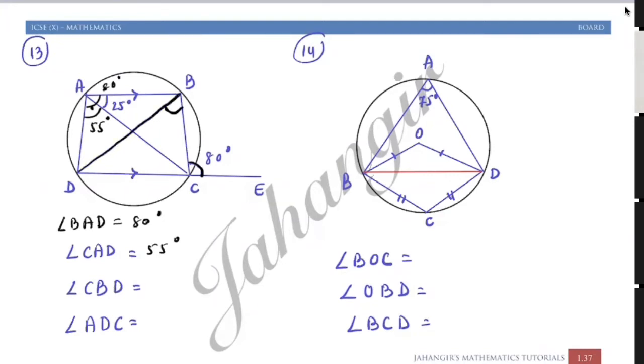This angle lies in segment or arc BC. Is it clear? Now in the same arc we will get angle DAC. So this is again 55 degree.